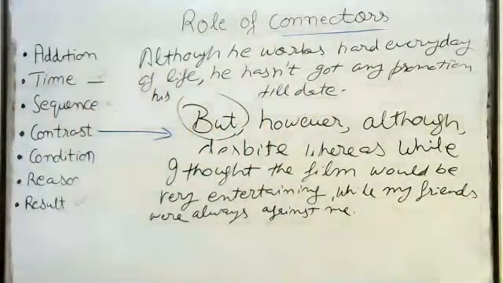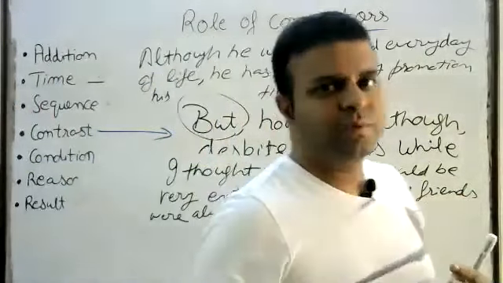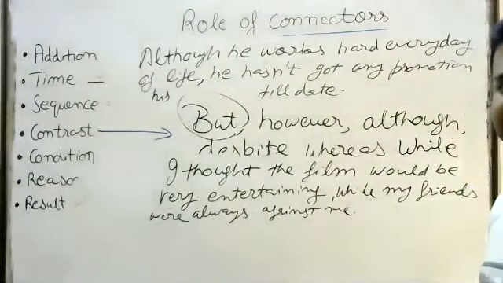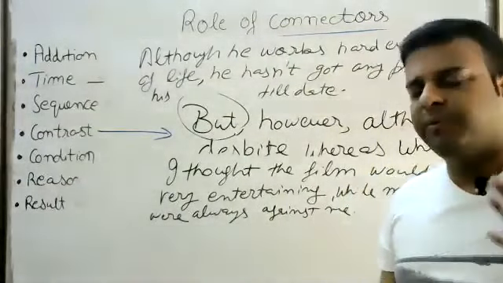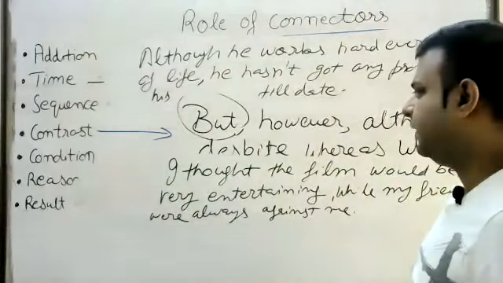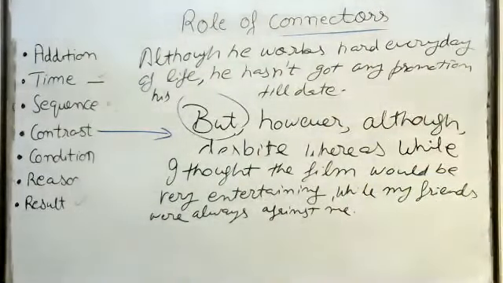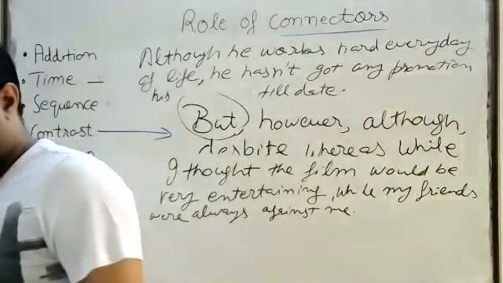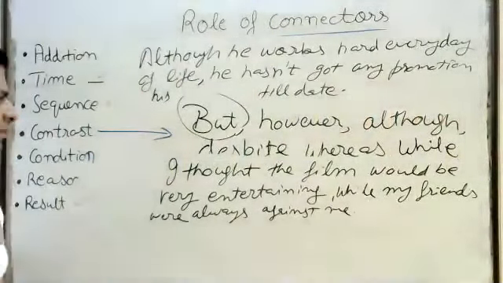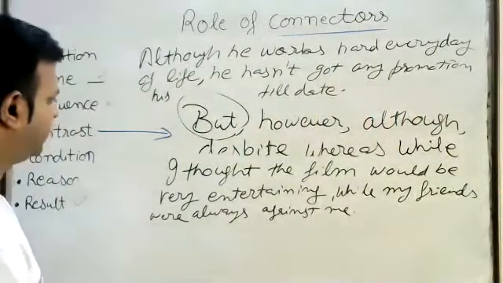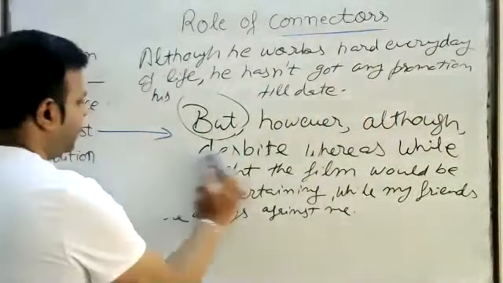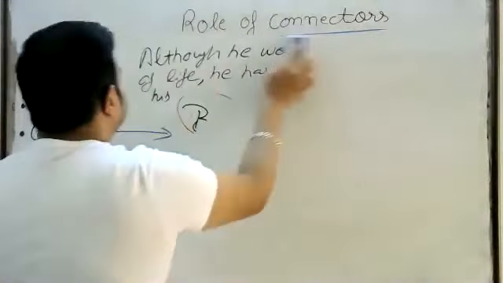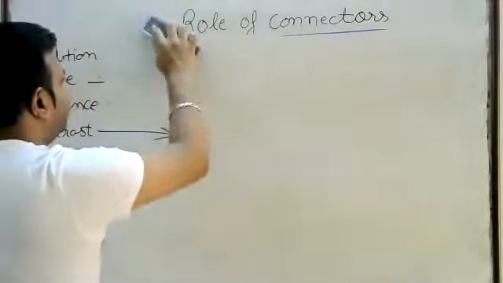Right. I thought, because I was thinking that the film was really good. My friends always told me that the film is very bad. Let's just not waste our money. They kept saying this, but I just didn't listen to them. Right. So I thought the film would be very entertaining, while my friends were always against me. Right. So these are some sentences that you can make. Okay. And this is how connectors are basically used.